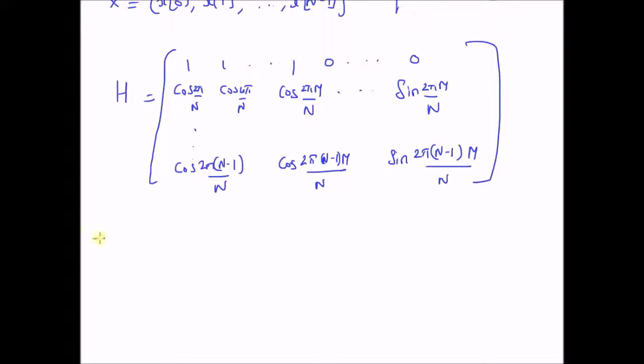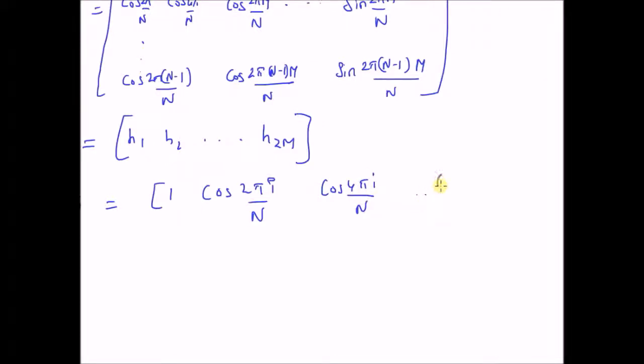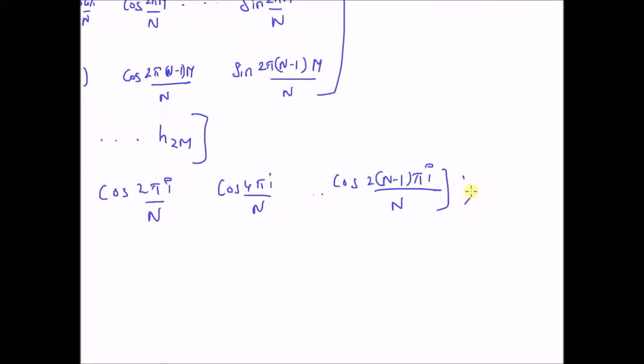The observational matrix H can be rewritten as a collection of 2m vectors, where we have h1, h2 up to h2m, where the vector h_i is equal to a vector of 1, cos of 2 pi i over N, then cosine of 4 pi i over N up to cosine of 2 times N minus 1 times pi times i over N. This is for the values of i between 1 and m.